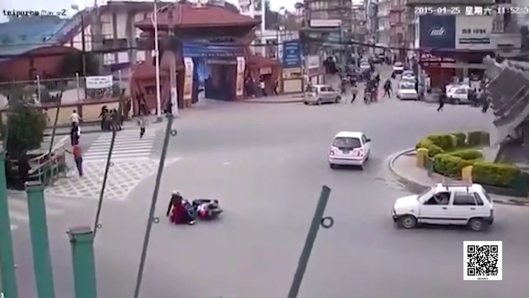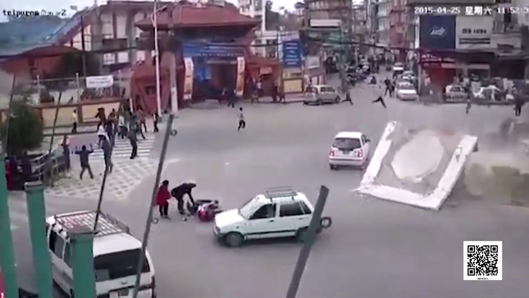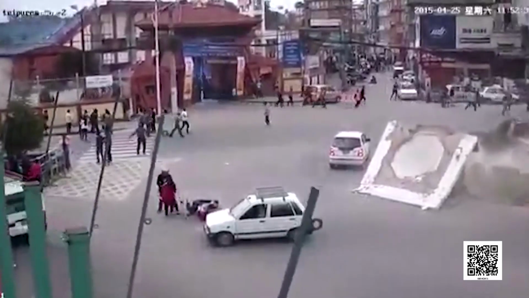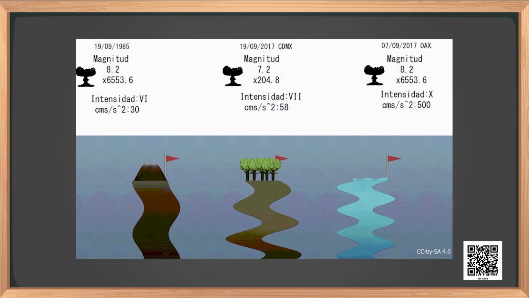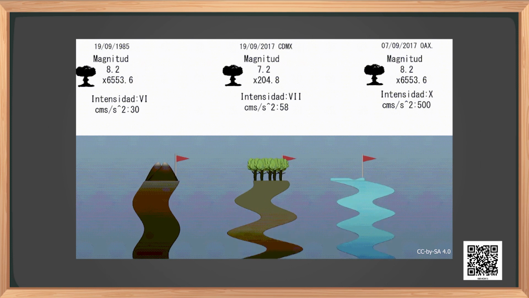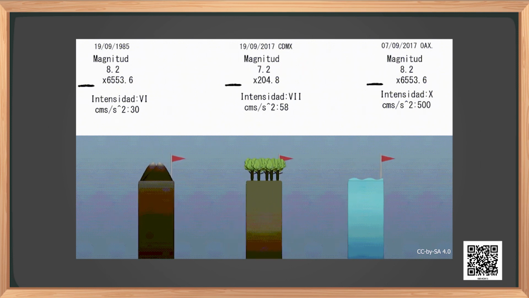What is an earthquake and what happens when it occurs? What can we do to minimize its effects? An earthquake is the sudden shaking or trembling of earth which lasts for a very short time. It is caused by a disturbance deep inside the earth's crust.